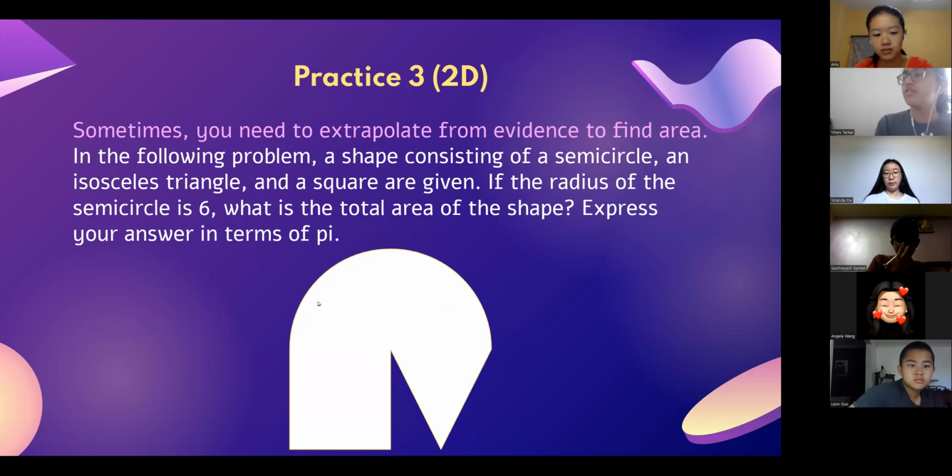Okay, I'm going to give you all 2 minutes to do the problem. Also, another note: when it says express your answer in terms of pi, that always means exact form. If it doesn't say that in a math problem, it'll say something like express your answer as a decimal rounded to the nearest tenth.